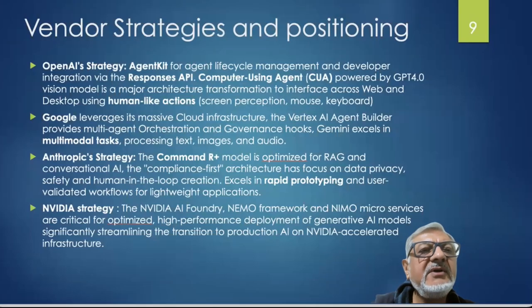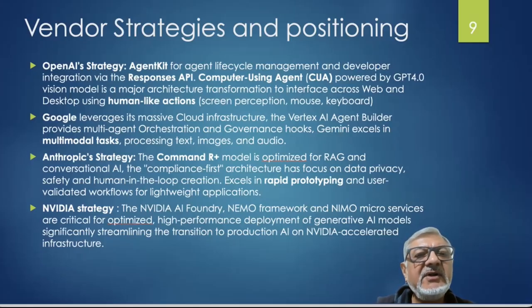So in this slide, we are listing the various vendor strategies in greater detail. Agent kit for agent lifecycle management and developer integration is done by the Responses API in the case of OpenAI's strategy.